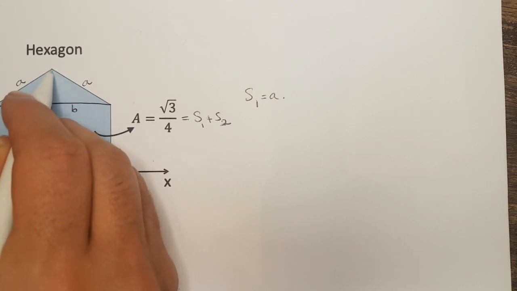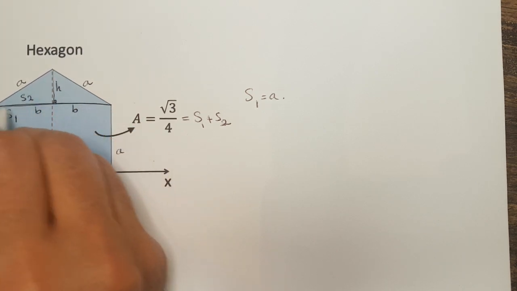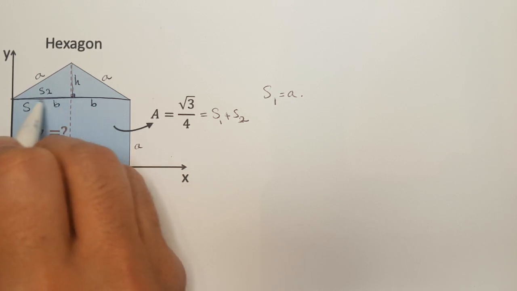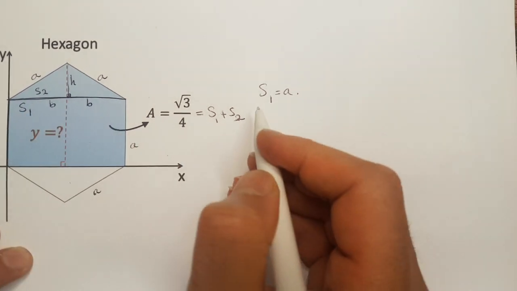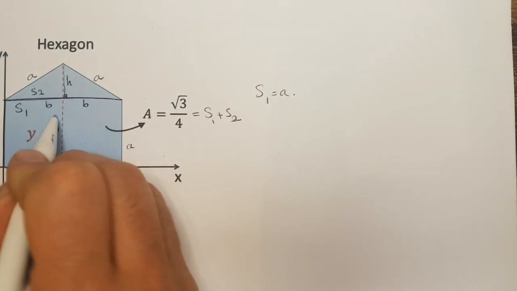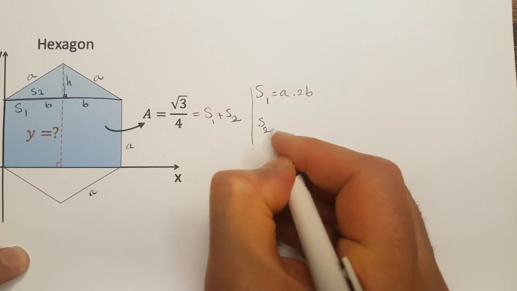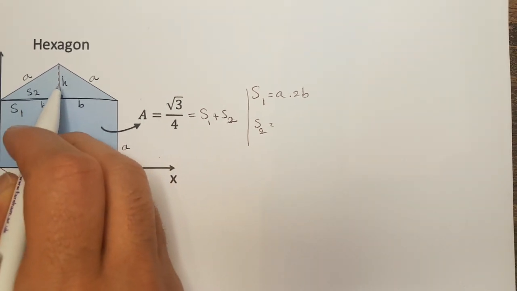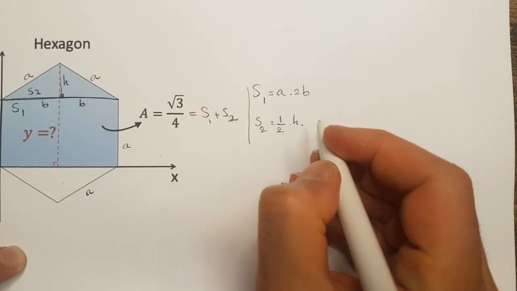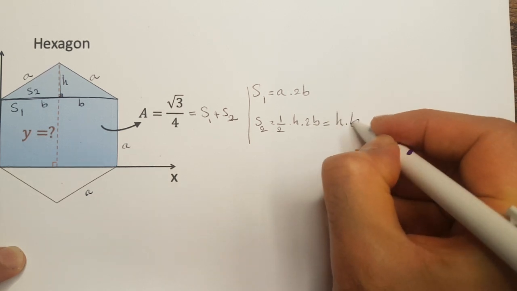The height of it, which is this line, let's denote as h, will divide the base into two equal portions. Let's call each portion b, and then the base of this triangle will be 2b. So S1, the area of the rectangle, will be a times 2b. And S2, the area of this triangle, will be 1/2 of the height h times 2b, which is going to be h times b.